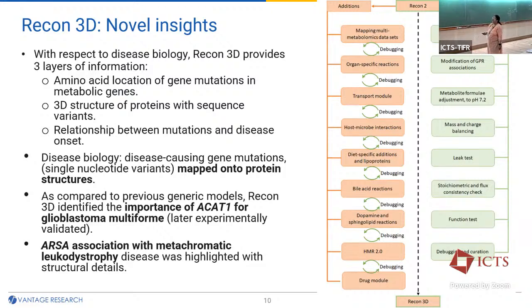And then of course we had certain important genes that were not that well identified by other models. Now Recon was one of the human metabolic models out there. You have different versions of metabolic models for human by different groups. We compared Recon to those. We saw that it is fairly okay in predicting certain genes which are important for certain diseases, while the other models are not doing that. Okay?